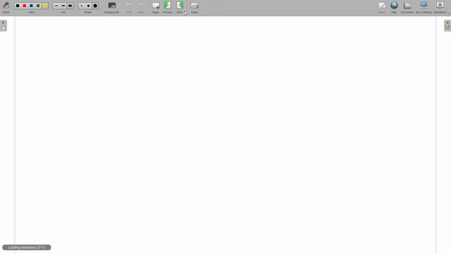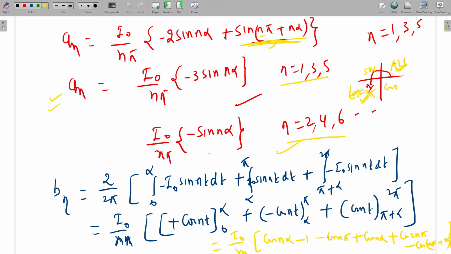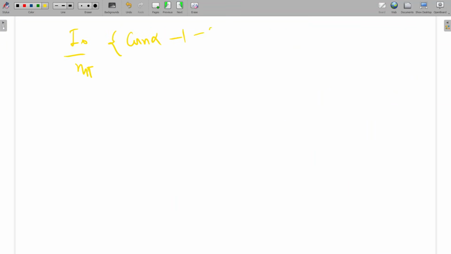So next page. It will be I naught upon n pi, cos n alpha. First one is cos n alpha, then it is minus 1. Okay, then what is the second term? This is minus cos n pi plus cos n alpha.